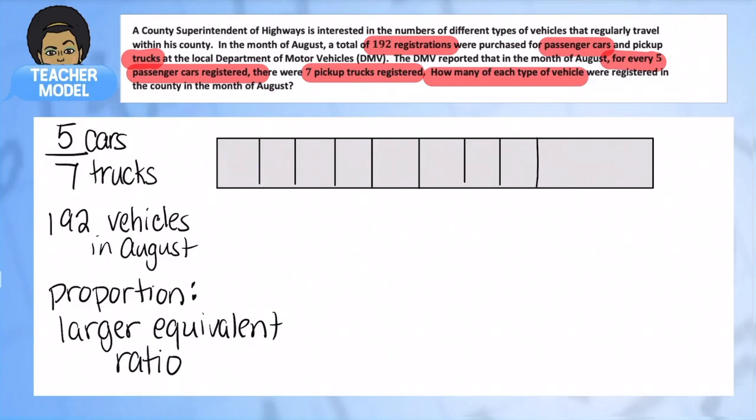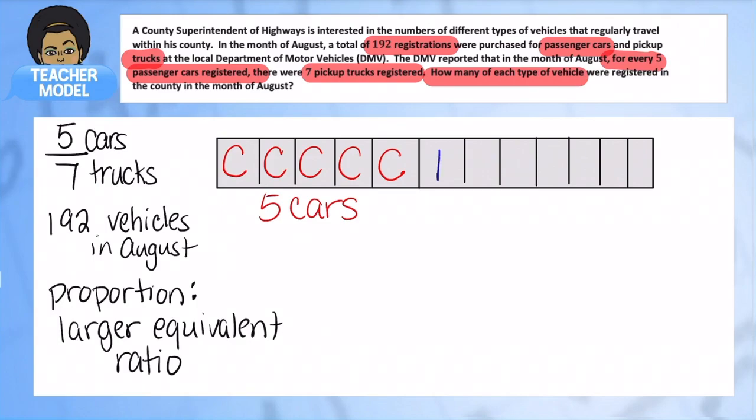1, 2, 3, 4, 5, 6. I might need one more in there. Let's do my little count. 1, 2, 3, 4, 5. Here's my 5 cars and my trucks. 1, 2, 3, 4, 5, 6, 7.